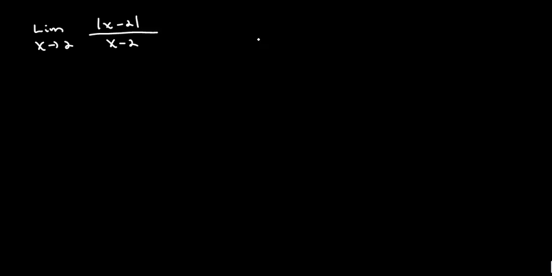So before we do any work over here, I'm going to talk about the following. Let's look at f of x equal to the absolute value of x plus 2. We can define that as two different functions over different intervals.